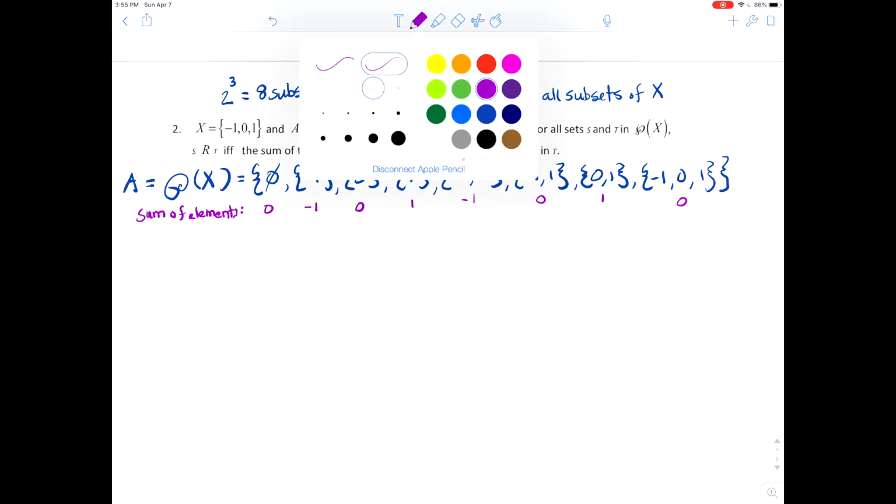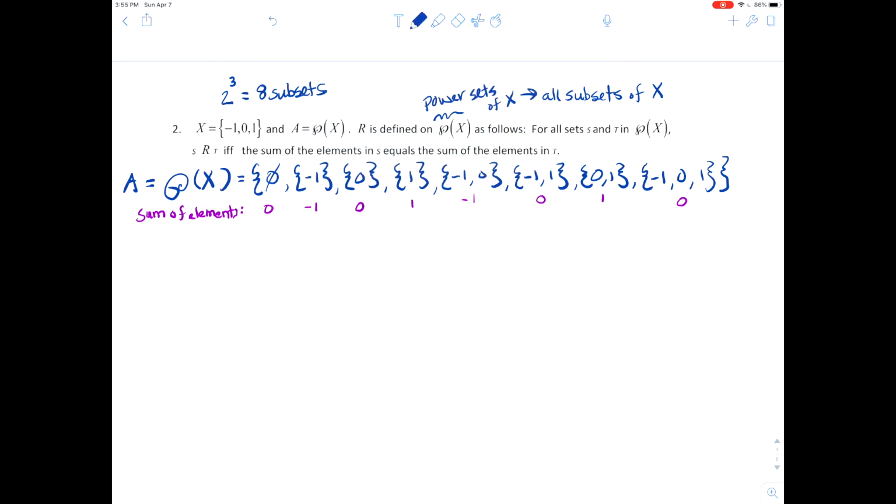So now we need to go through and look at these things. So let's check it out. The class of the empty set, remember, is equal to, now instead of X's, we have S's, S belongs to A, such that S R the empty set. So the empty set is the output here. And so what we're really looking for is what? We're looking for all the sets that have a sum of 0 for their elements.